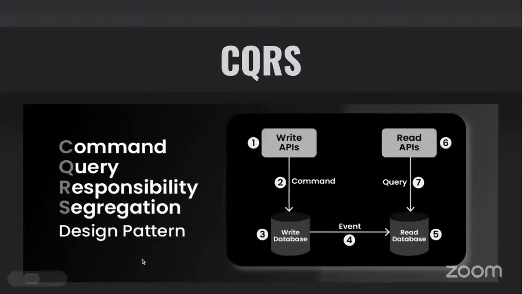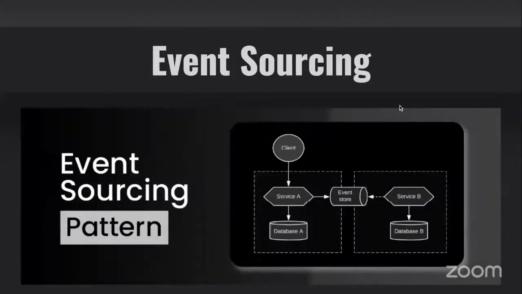This is the image of CQRS. You can see one database is handling writes while the other database is handling reads. So commands go here, and queries retrieve something from the database. And in the event sourcing image here, it tracks the changes between the two databases.